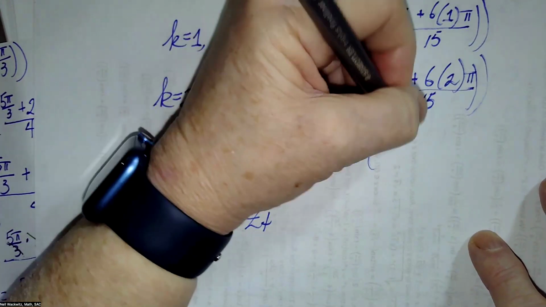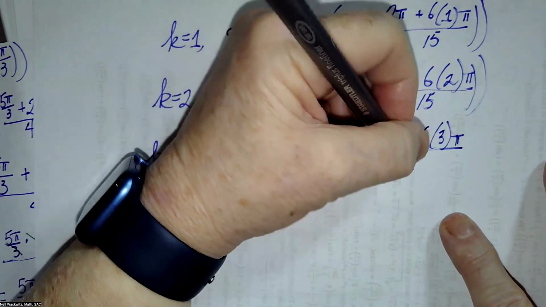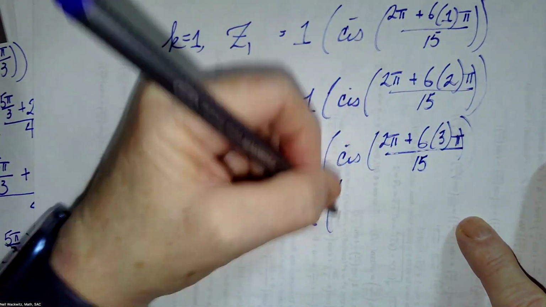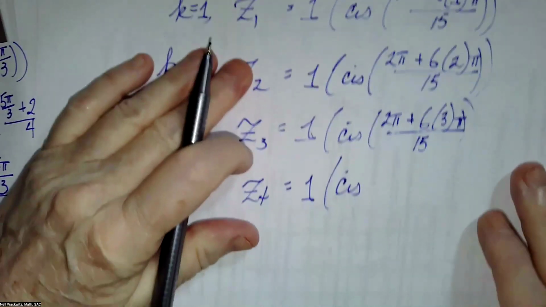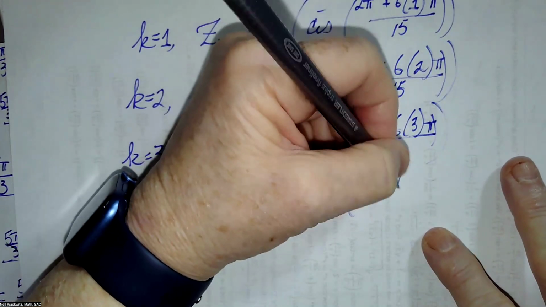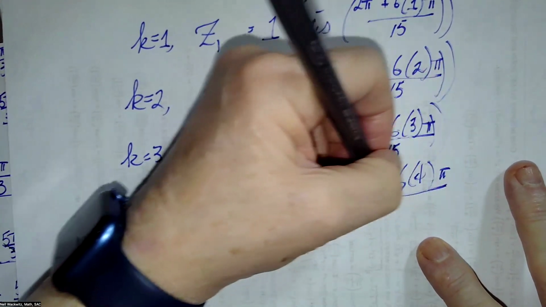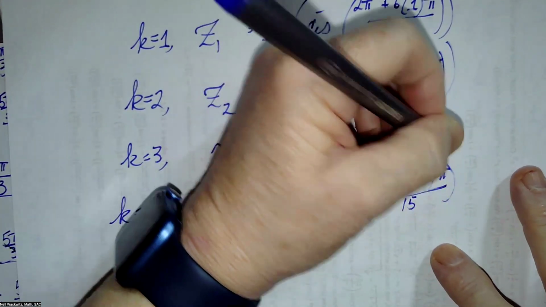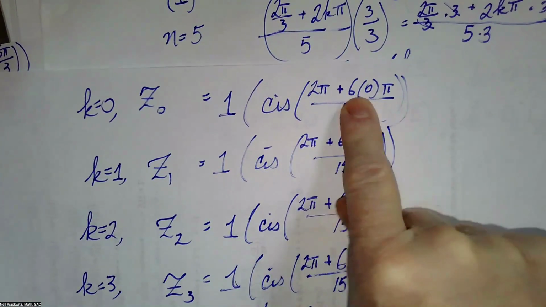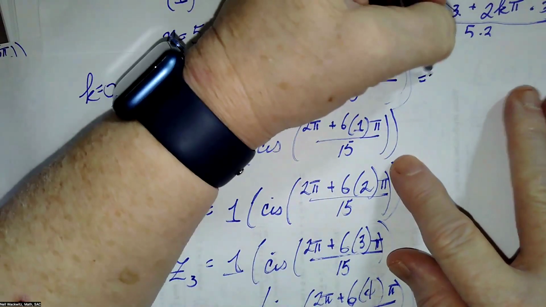So 2 pi plus 6 times 3 times pi over 15, and 1 times cis 2 pi plus 6 times 4 times pi over 15. Well, 6 times 0 is 0, so we get 2 pi over 15.